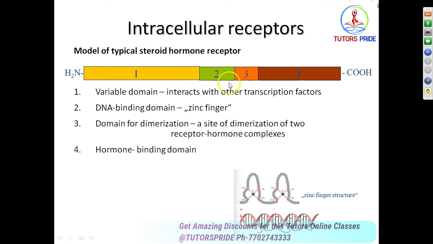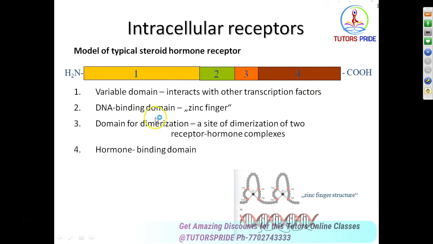In intracellular receptors, we'll see how they attach, and here is the model of a typical steroid hormone receptor. As you can see, it's like an amino acid chain, a protein coupled receptor. The first one is the variable domain, which interacts with other transcription factors.